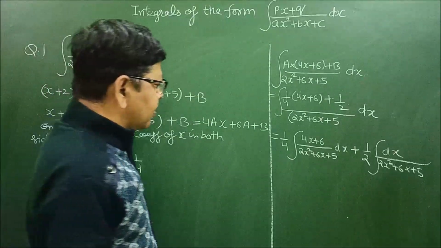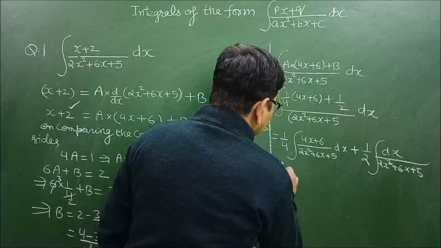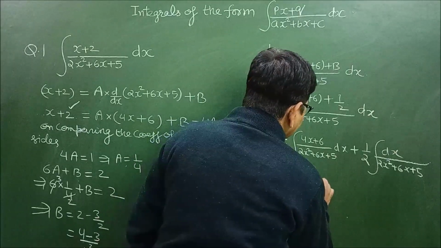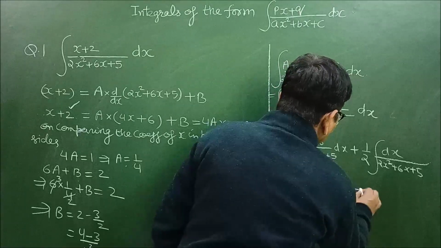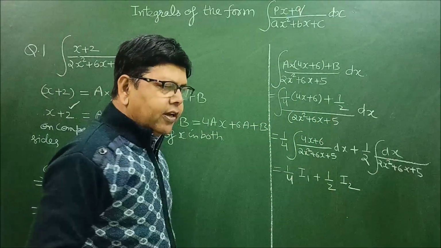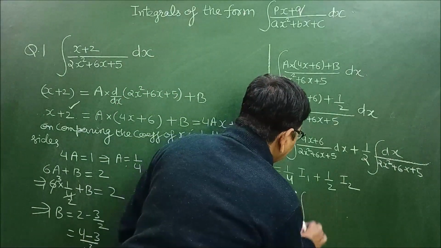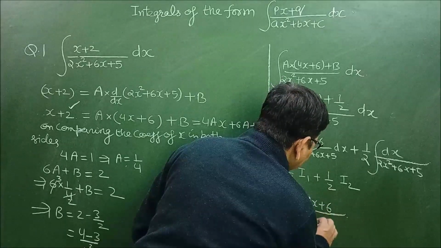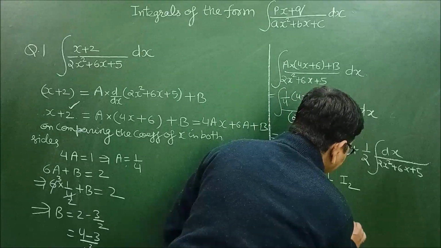Taking the two integrals as I1 and I2, this is equal to 1 upon 4 I1 plus 1 upon 2 I2. Now solving the integrals separately, I1 is equal to the integral of (4x + 6) upon (2x² + 6x + 5) dx.